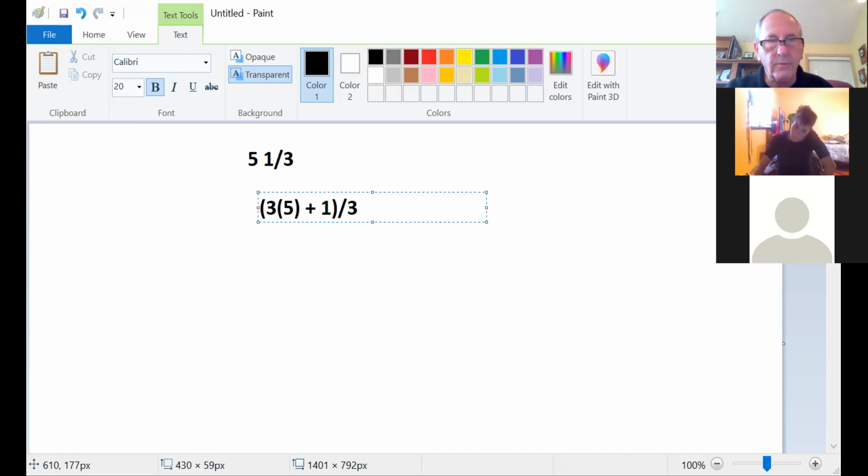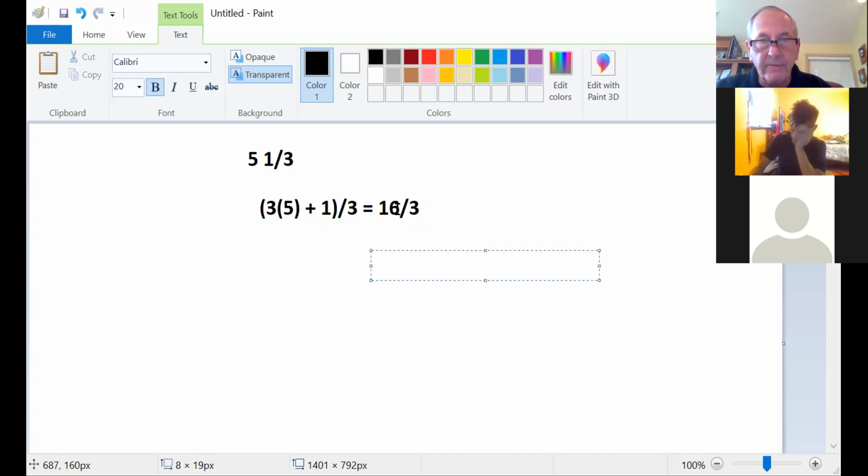Okay, that's what it would look like. And we're not done, of course, so we got 3 times 5 is 15, plus 1 is 16, so it's 16 over 3. This is the improper fraction version of that. Okay, that makes sense? That's how you do these. Okay, mixed number, improper fraction.